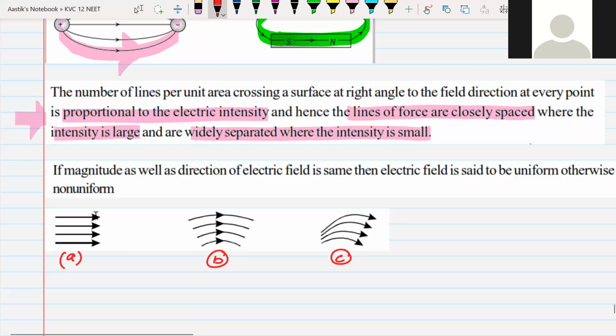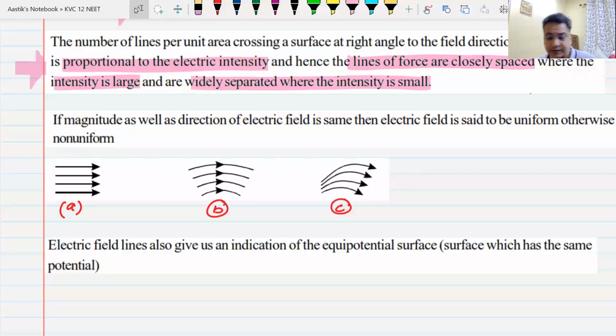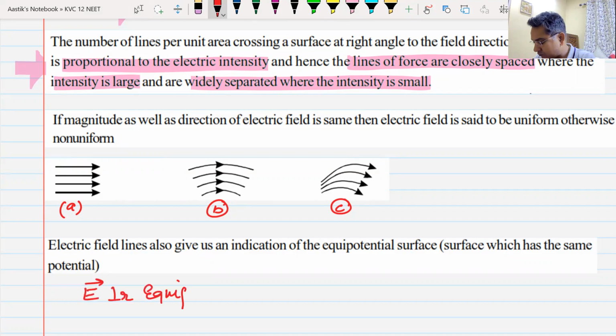Done, sir. Okay. Then comes the next point. Electric field lines also give us an indication of equipotential surface. Now, we have not seen equipotential surface till now, but we just write this point. When we come to equipotential surface, then we will understand. In fact, this electric field E vector is always perpendicular to your equipotential surface.